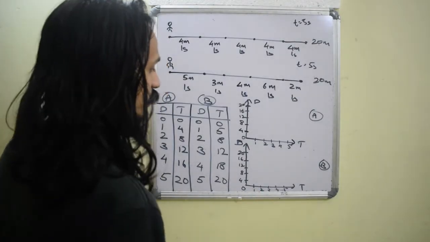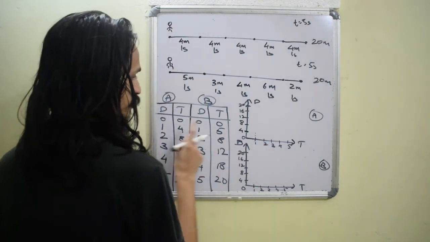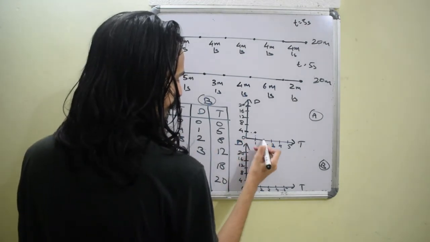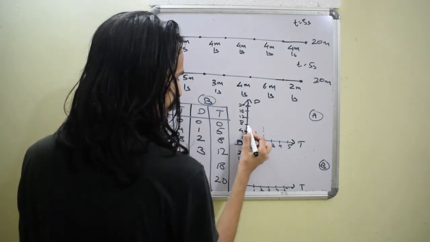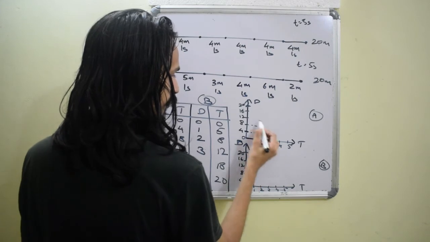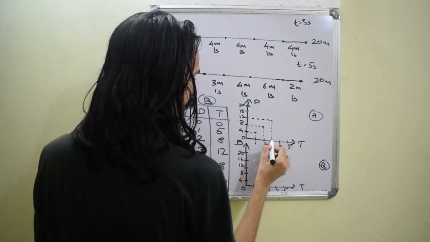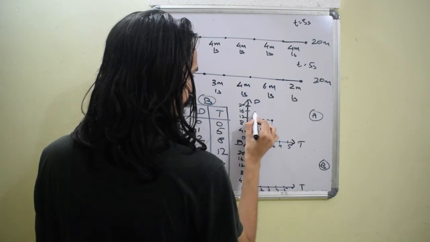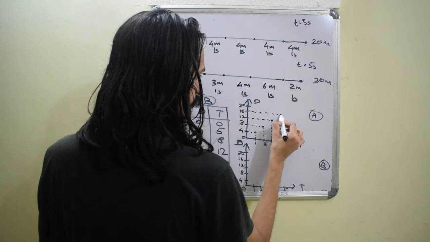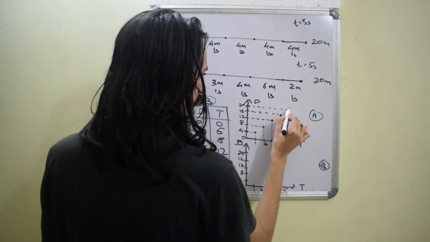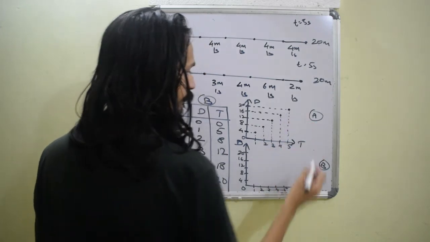Now I will notice that for the first person I can mark 1:4 over here, then 2:8, 3:12, that will be this point, 4:16, that would be this point, and 5:20, and that would be this point.